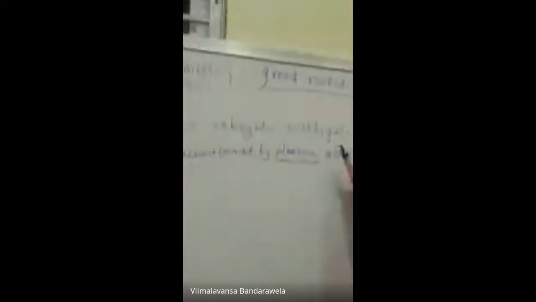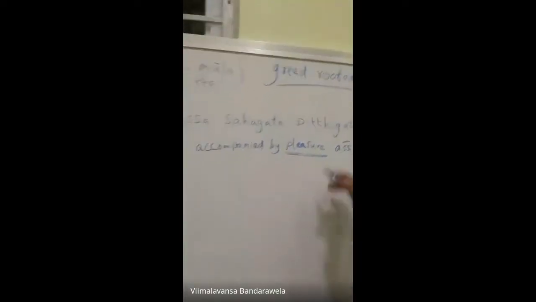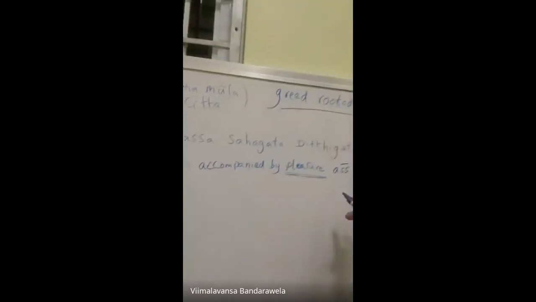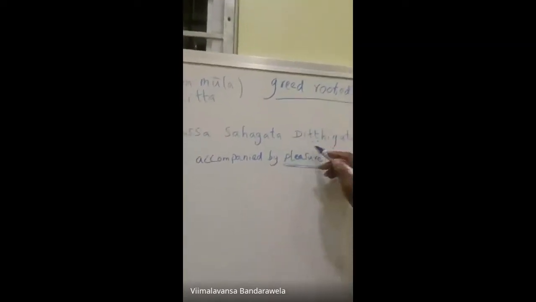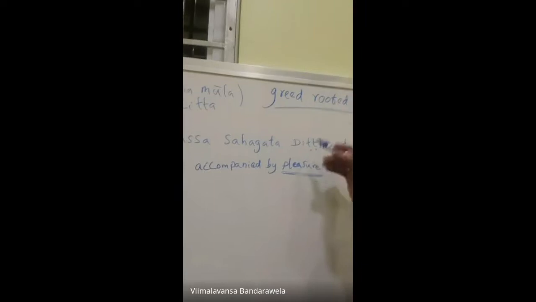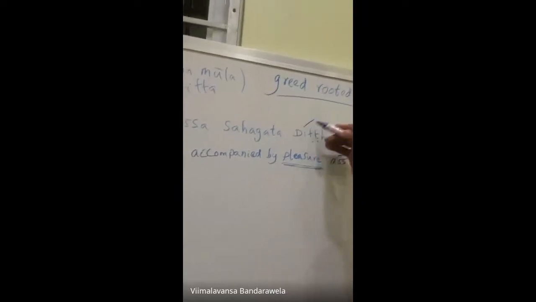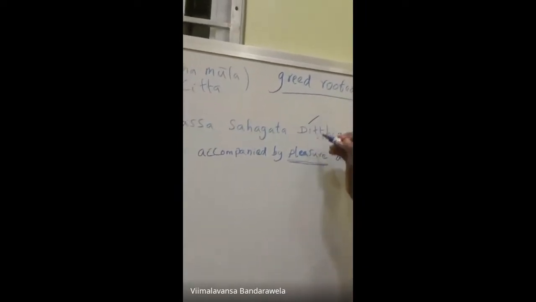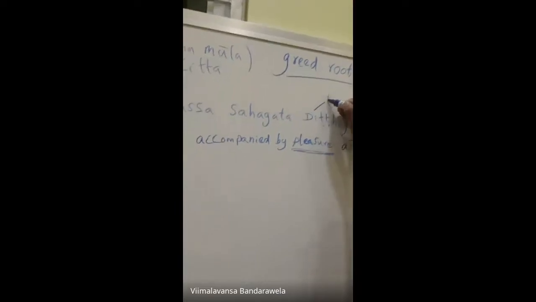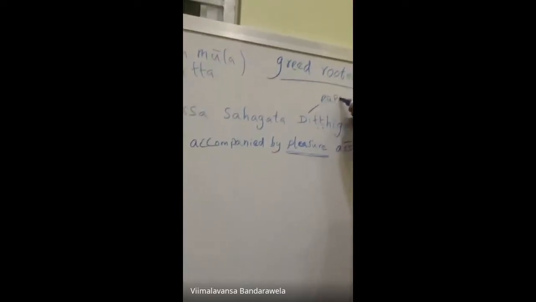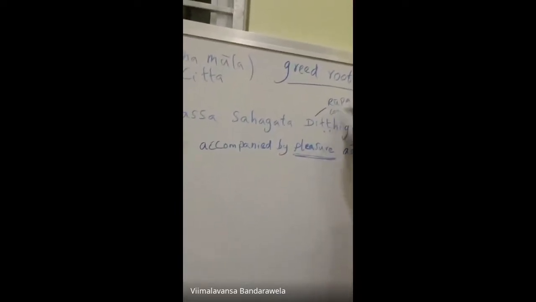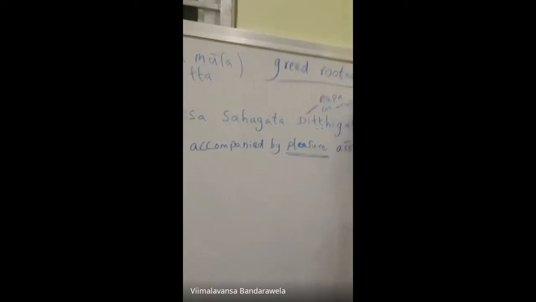Ditthigata sampayukta. Now you think this is my child, but do you have a child? No child, because this child is composed of rupa and consciousness plus mental factors. No other thing.